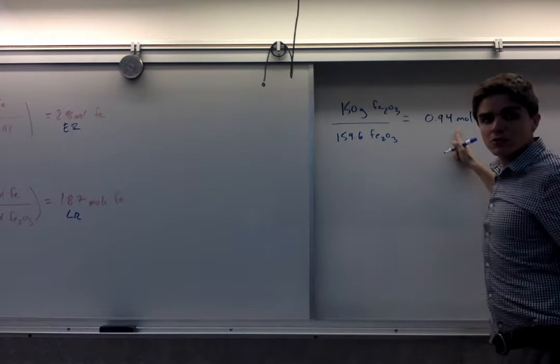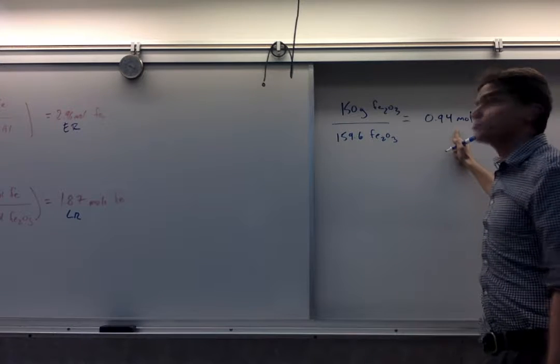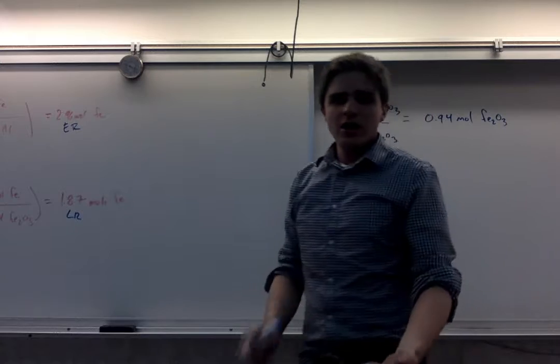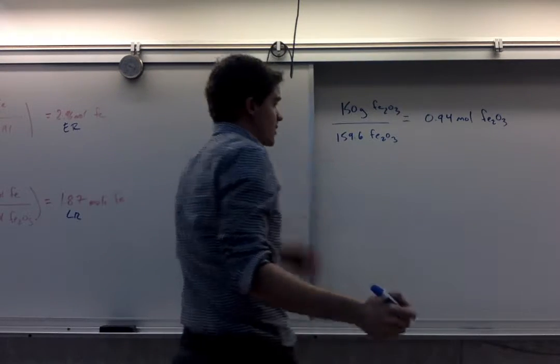And so when I was done with the reaction, I used up all of those moles of rust, right? All of it's gone. And I can use stoichiometry to work backwards from this point.